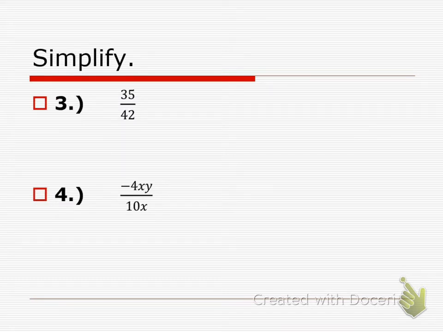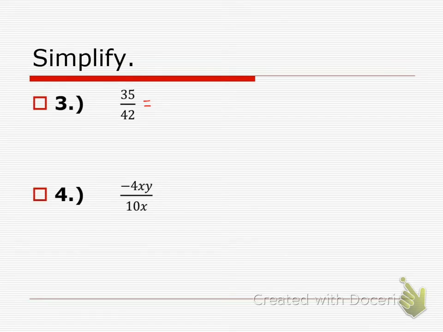I'll give you a minute to simplify these on your own if you have not already done so, and we'll talk about the answers. What did we get for number 3? Austin, what'd you get? You don't know what 35 and 42 are both divisible by? 7.